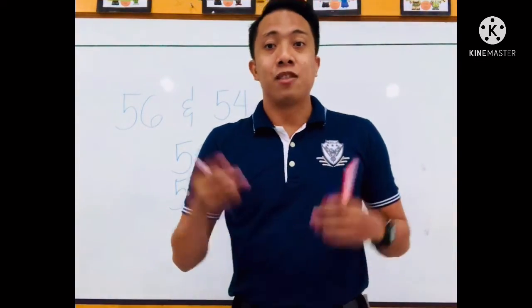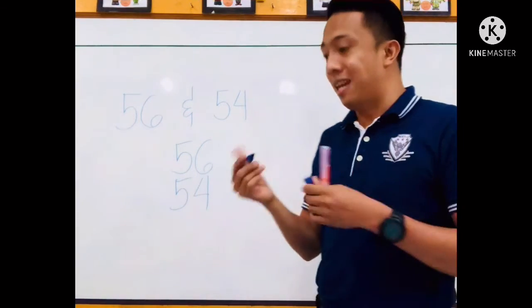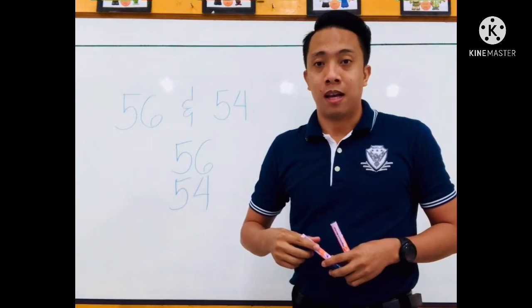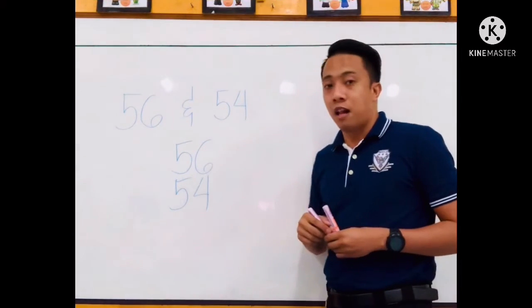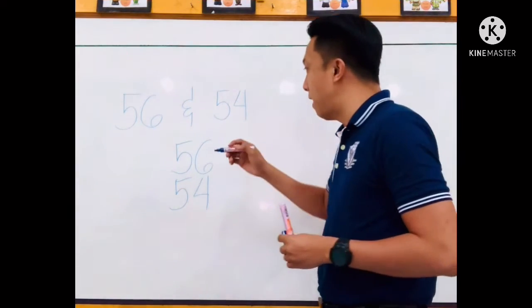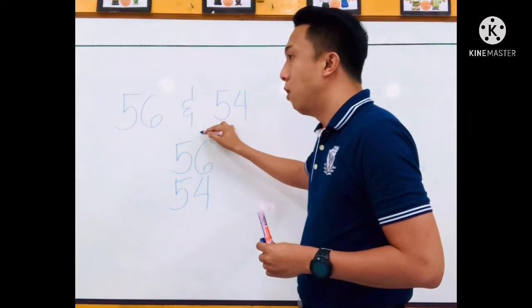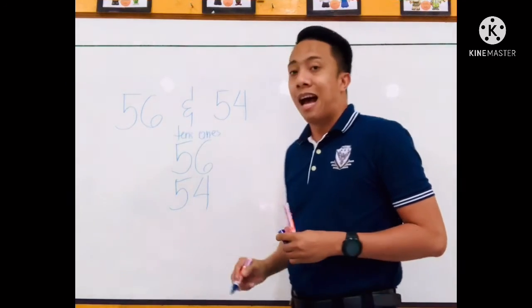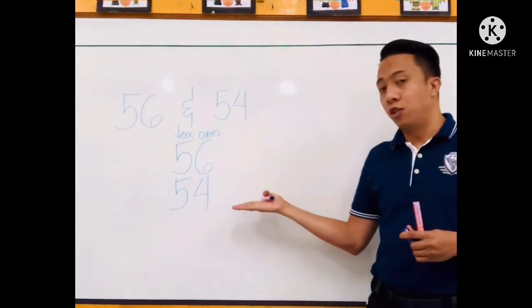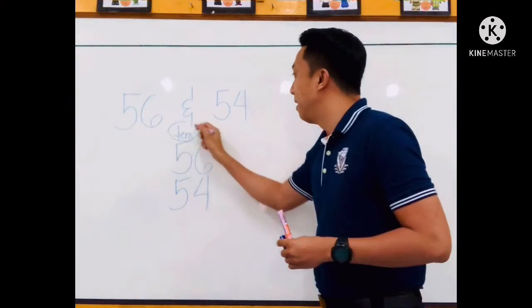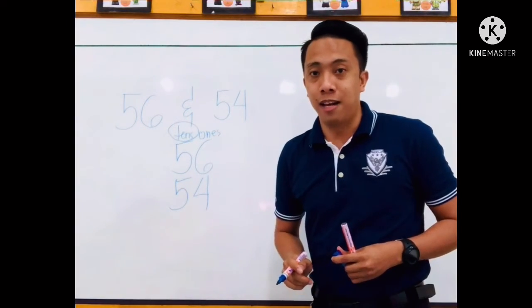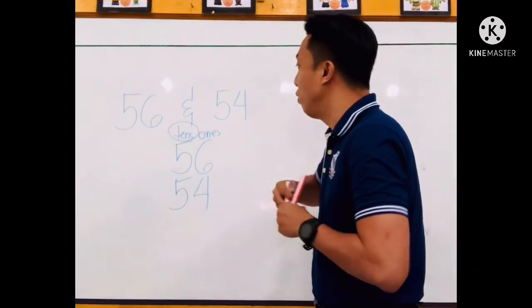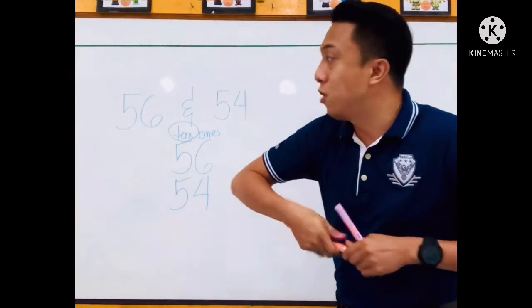Second step is we need to find which is the highest place value. What place value do we have? We have ones and tens. The highest place value with our two numbers is the tens place, right? So we will concentrate on those first two numbers.